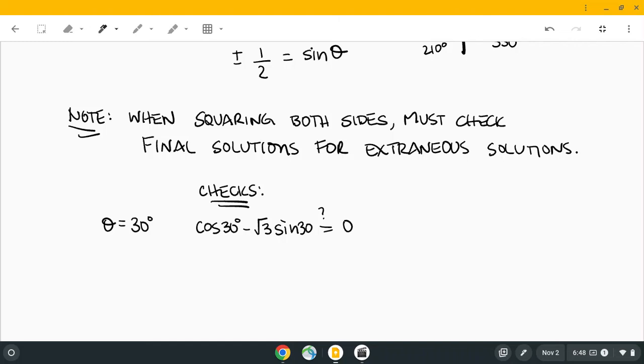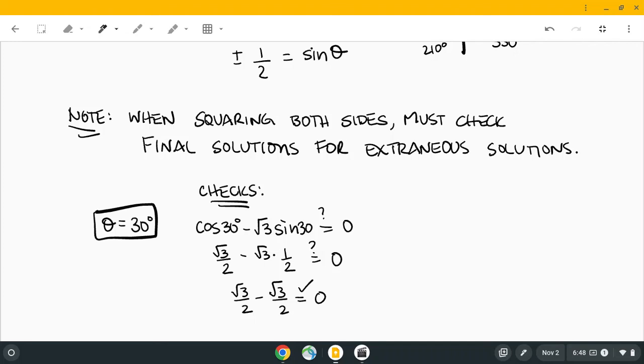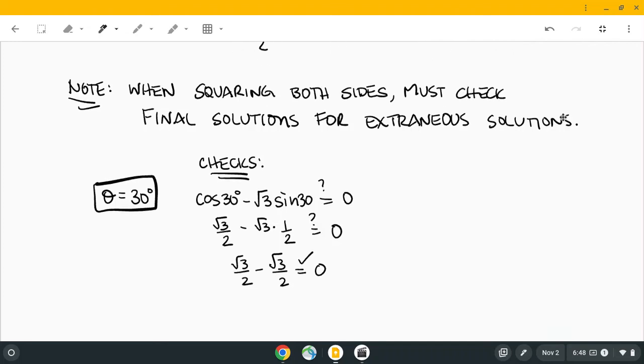Cosine 30 is square root 3 over 2. And here, this is square root 3 times 1/2. So does this equal 0? I believe it does. Okay, so this does work. So theta equals 30 is going to be one of our solutions.